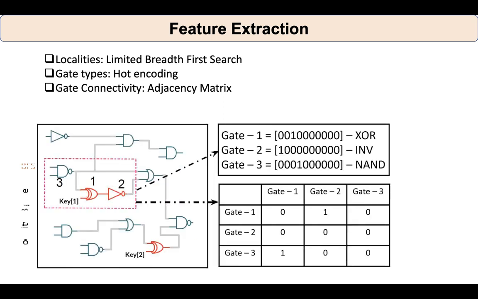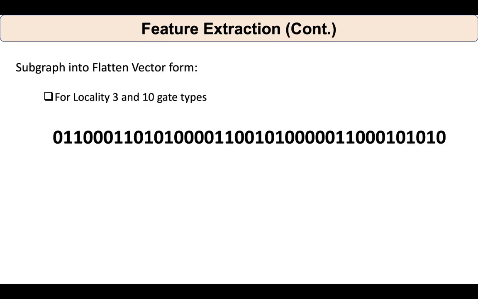The localities determine how the surrounding gates are arranged, and one hot encoding represents the total number of unique gates in a particular design. At the next level, the subgraphs will be flattened to make a one-dimensional vector representation.